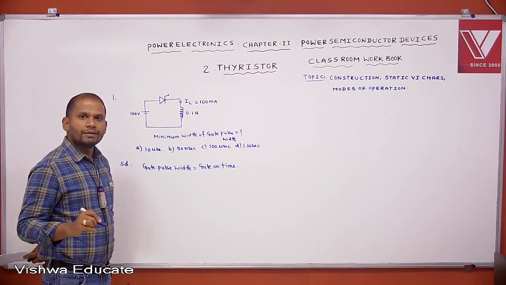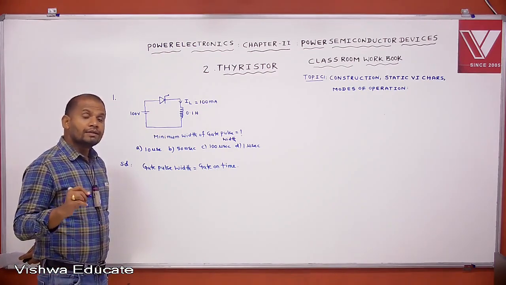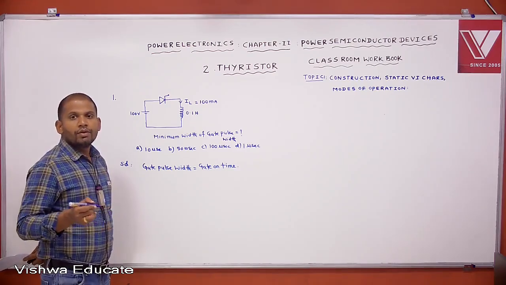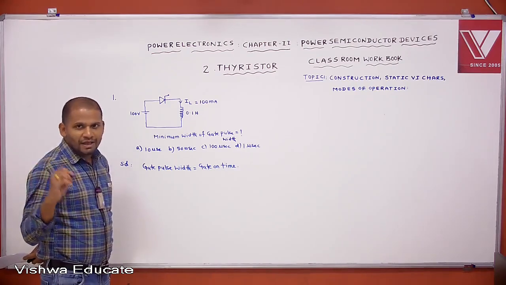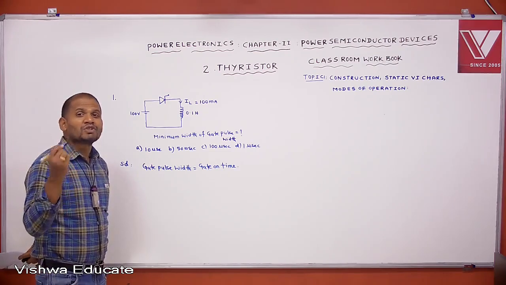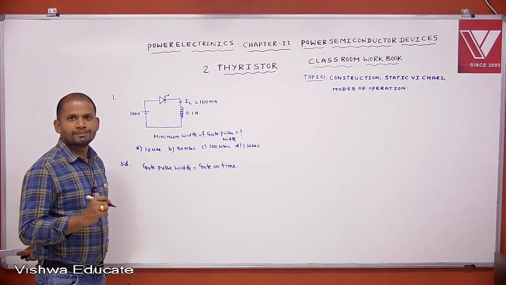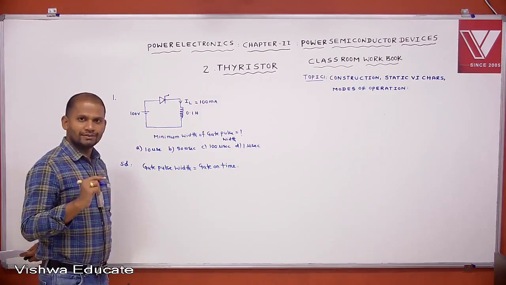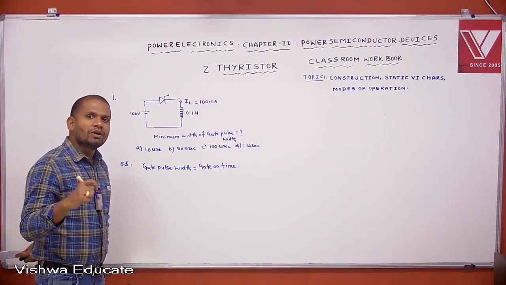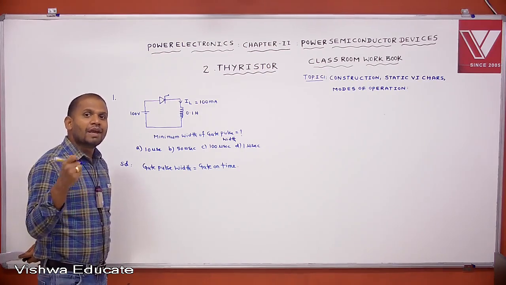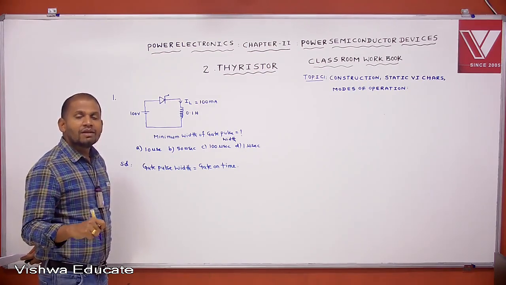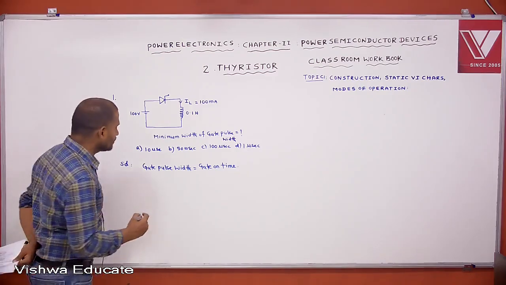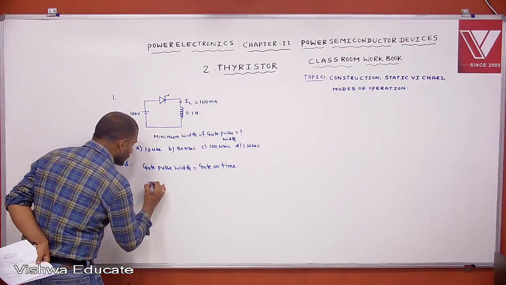I told already, you want to calculate the minimum gate pulse width. For reliable turn on of SCR, the gate must be connected up to which current? Latching current. The current through the SCR must reach the latching current. This condition you know.